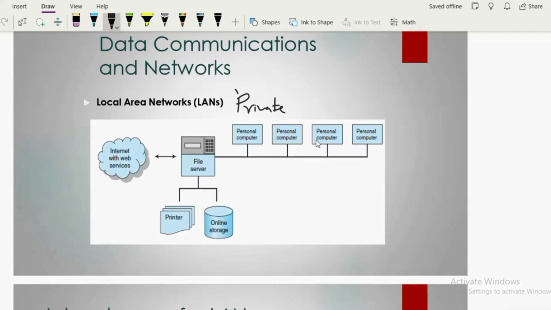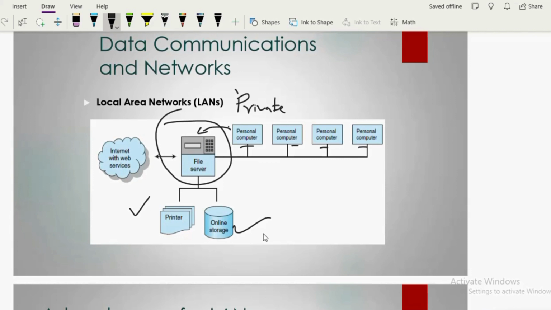So the most common example, if you see over here, there is a file server, and all the employees in the organization can use the files in this central location, but when they go home they cannot open this because it was locally provided in the organization. Also, the printers could be attached with this, or the online storage could be there, right?